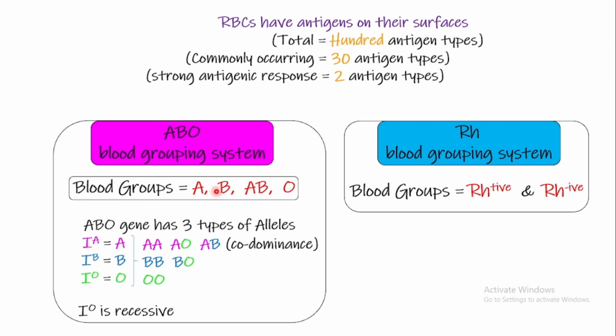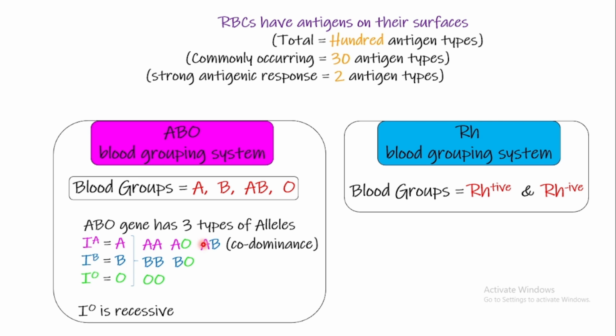Now, a very interesting phenomenon: if a person has one allele IA and the other allele IB, then the genotypic representation will be AB. In this case, what will be the phenotype?